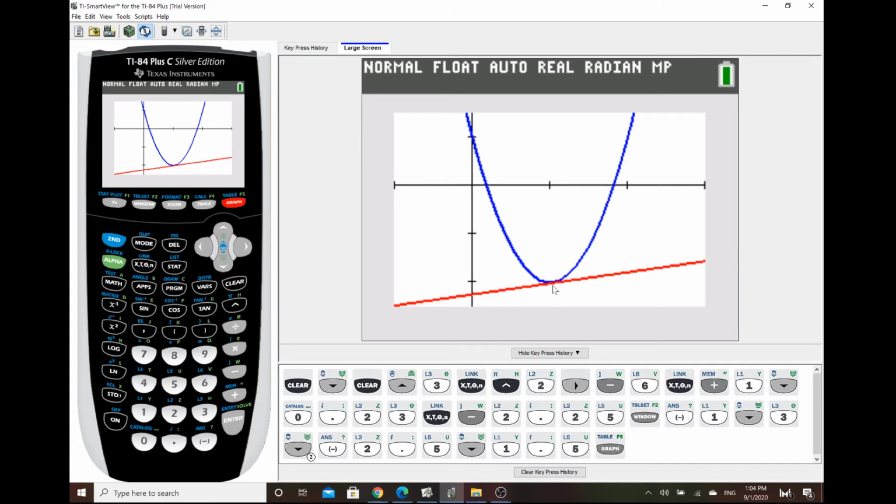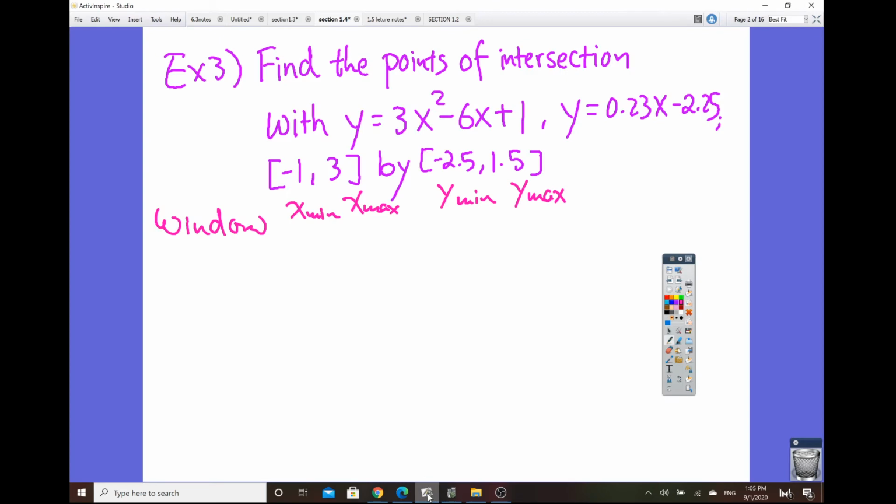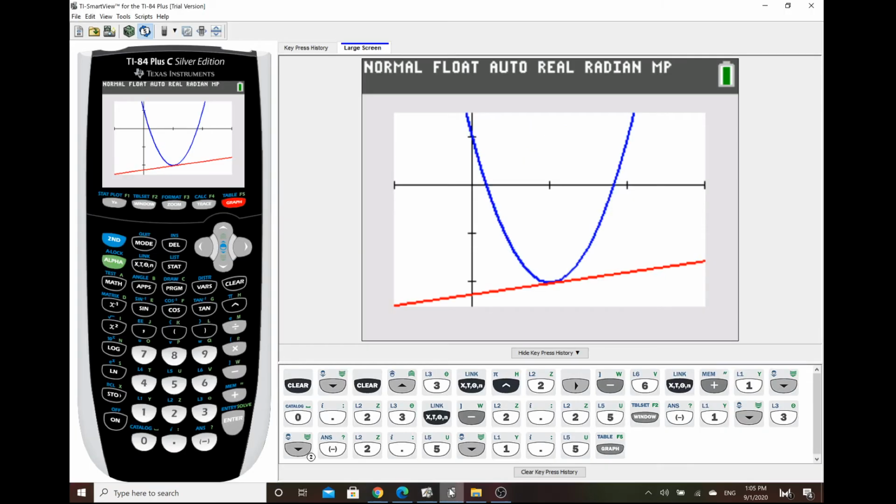Okay, so it looks like the line is not going through the parabola. And now let's find out what else we need to figure out here. So find the points of the intersections. Here's another thing you can use on the TI-84. You can always go to zoom.